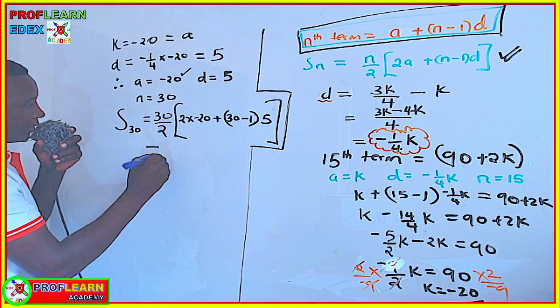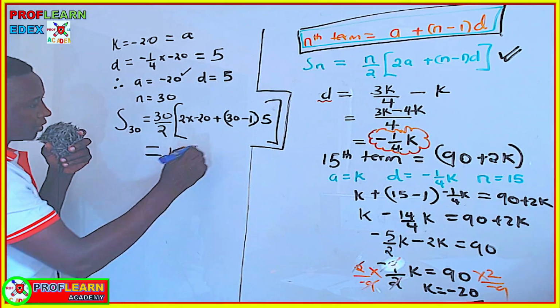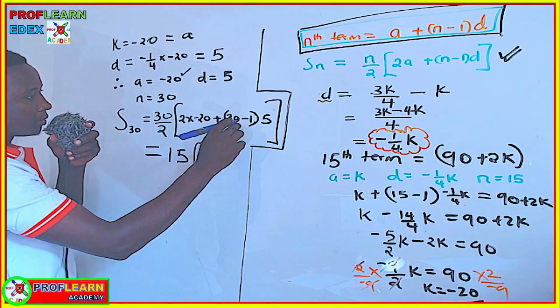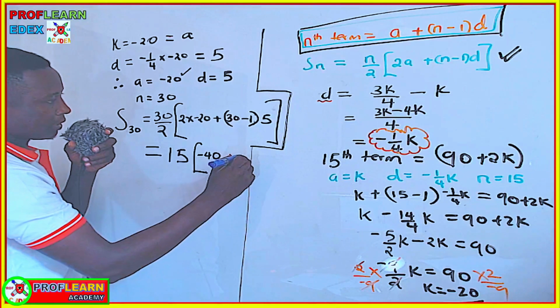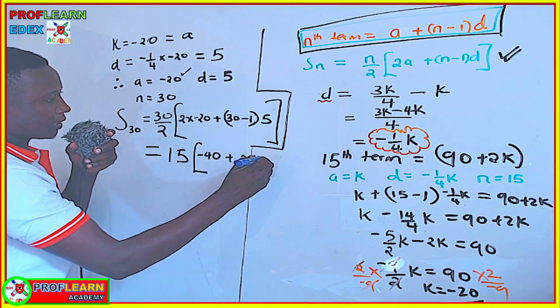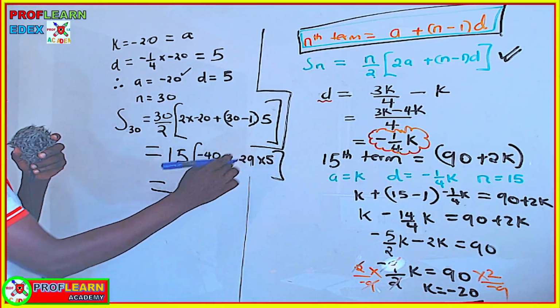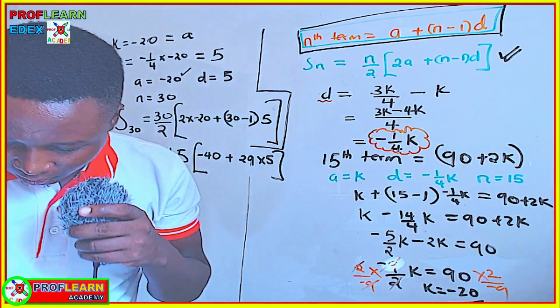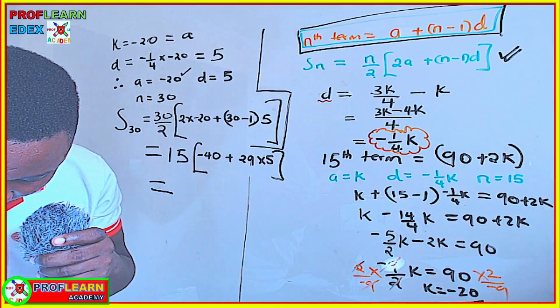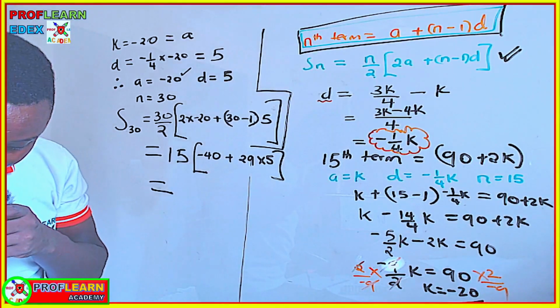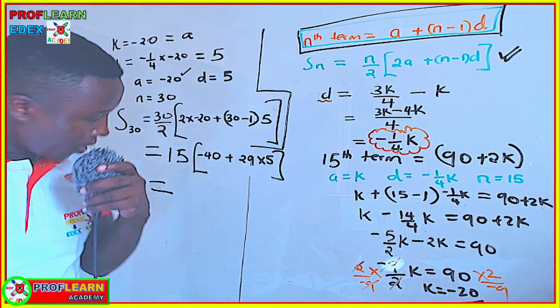At this given point we are going to simplify, and this is going to be 15 into brackets, this becomes negative 40 and this becomes plus 29 times 5, so that we can put everything in our calculator to check what we're getting. So we have 29 times 5, which is 145.